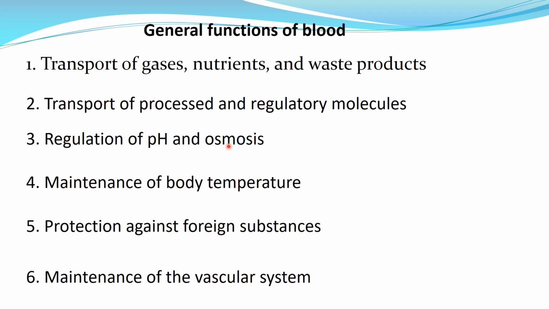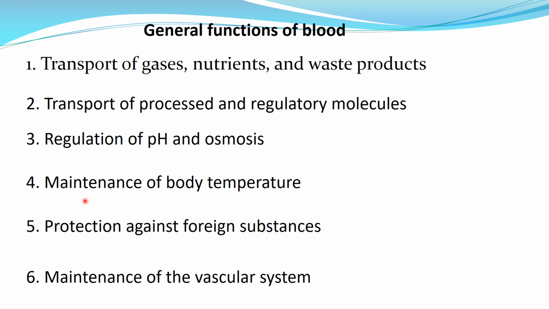So, as an overview, osmosis or osmolarity is the movement of water from a more watery side to a less watery side. So the pH and the osmosis of the body can be regulated through the blood.